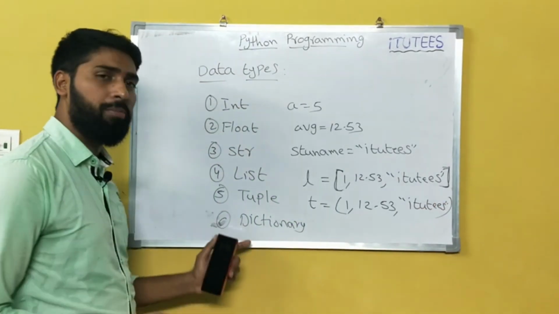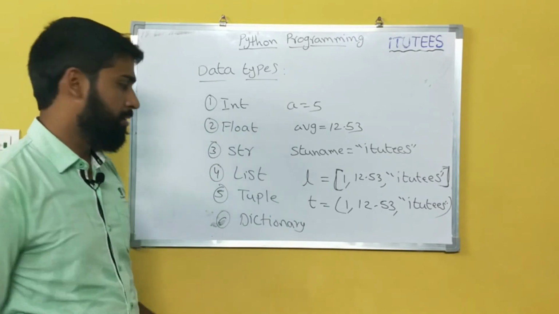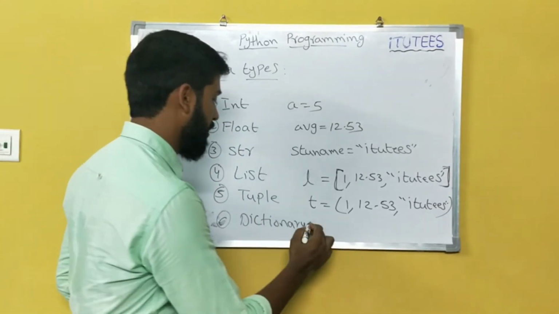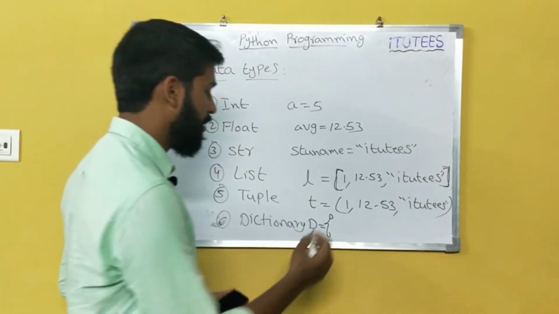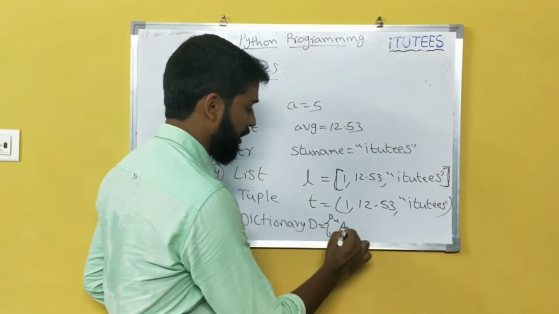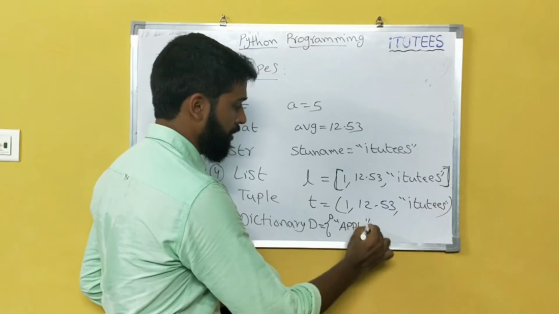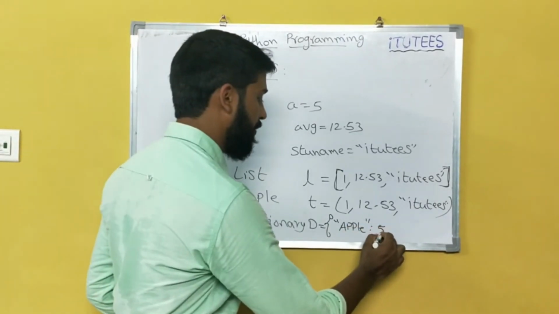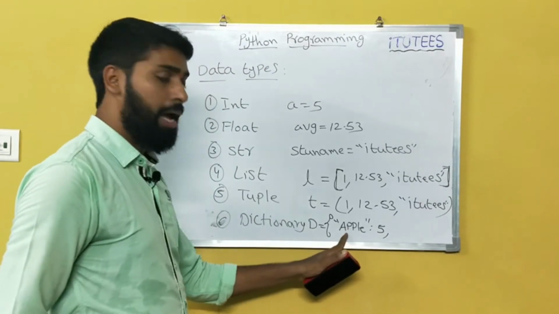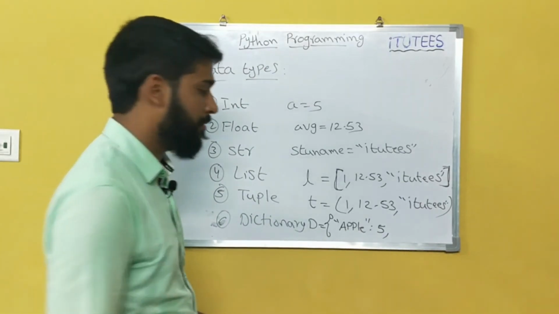A dictionary is the combination of key and value. We can define the dictionary as D equals to flower bracket. After that, first I give the key, apple, colon. After that I give the value 5, comma. That means apple is the key, 5 is the value.